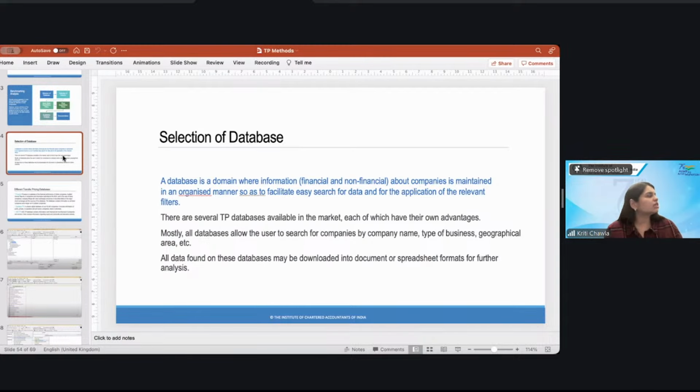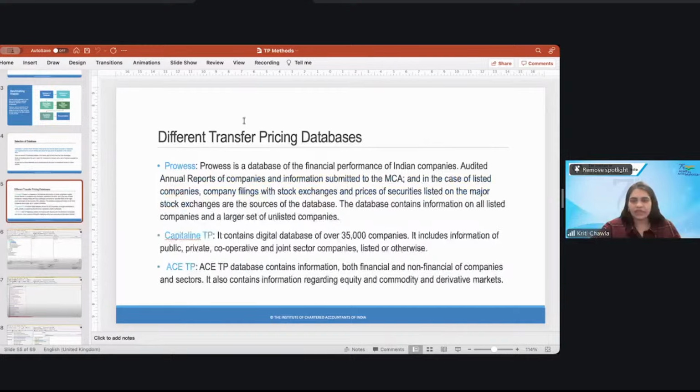Now, let me just tell you about a few databases. These are some examples of databases which are used for transfer pricing purposes. The first one is something called Prowess.